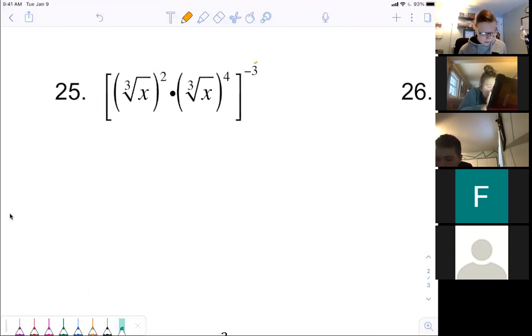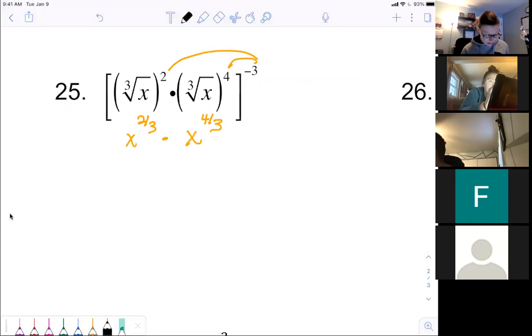So that little exponent can distribute to both of them. You can also think of this as x to the 2/3 and x to the 4/3, and then take that -3 to both of them as well. But that exponent needs to distribute. So this is very similar to number 24 that we went over.